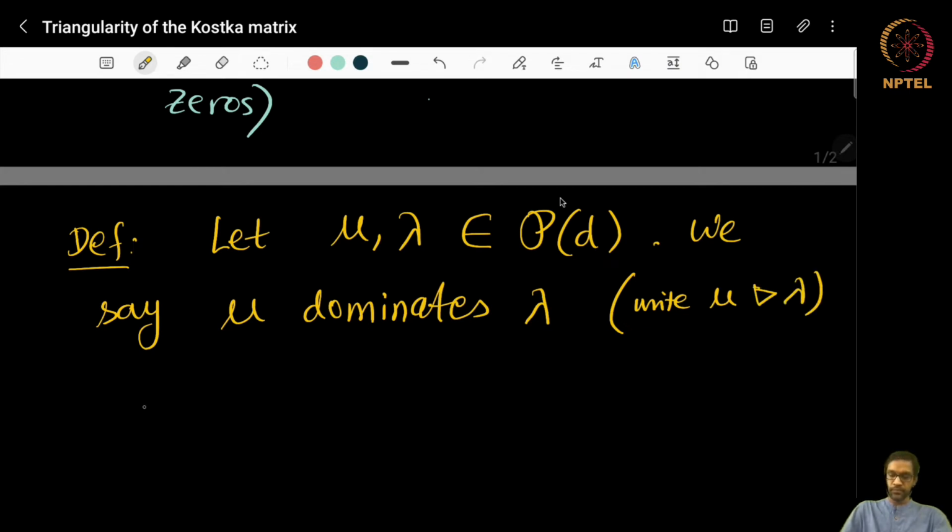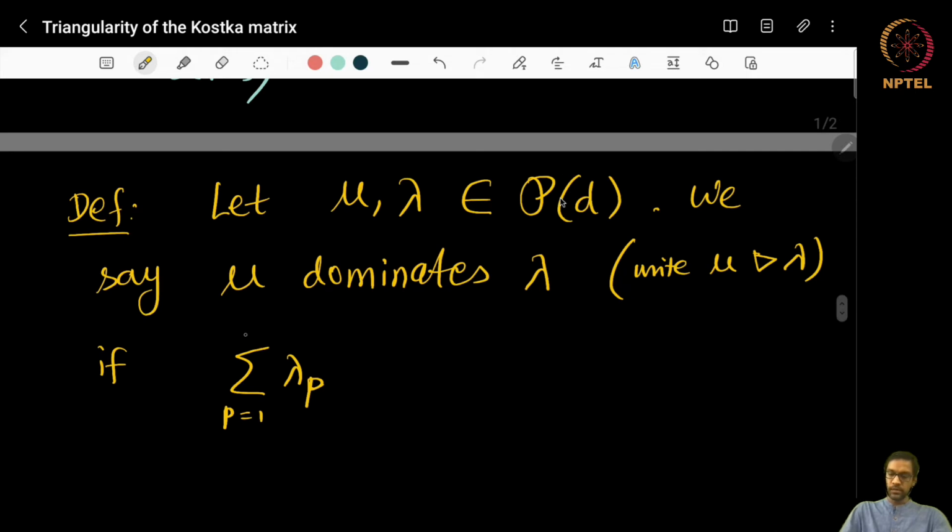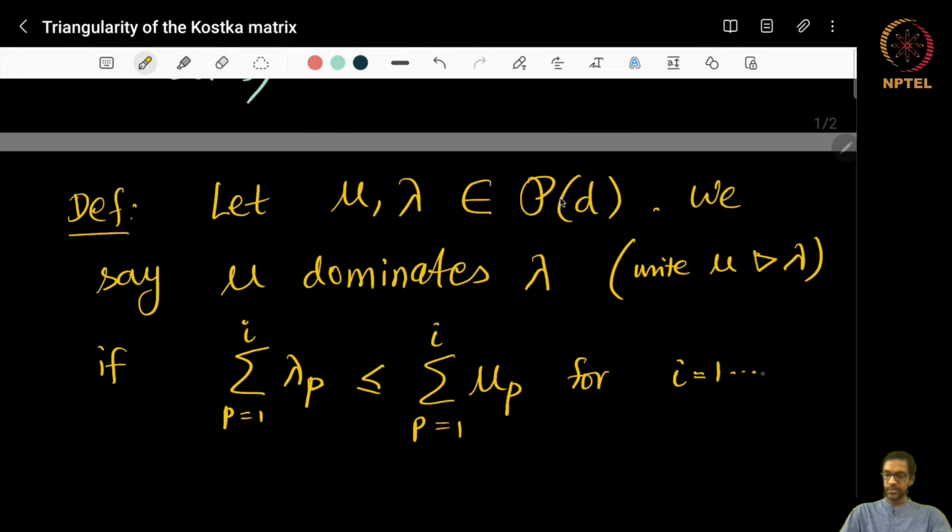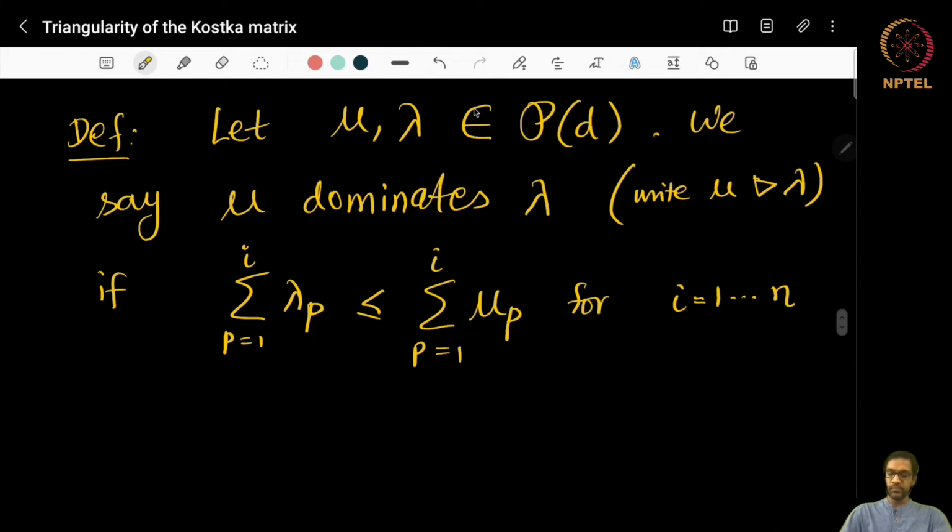Mu dominates lambda if the following holds: what we wrote out already, summation of lambda p from 1 to i is at most summation of mu p, for i equals 1 to n, where we can always pick n to be bigger than the lengths of both lambda and mu.